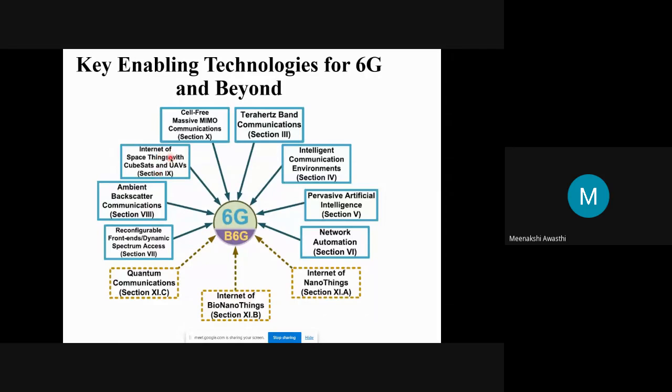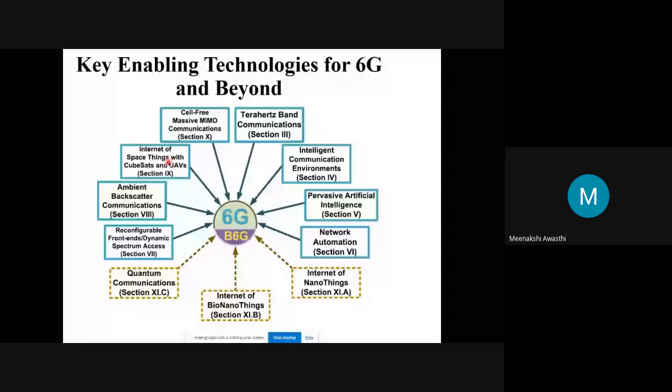Now to think about beyond terrestrial communication, or to connect terrestrial as well as satellite communication, we use the Internet of Space Things. This is also a very emerging area if you have interest in satellite communication and wireless communication. It will be a key point which connects terrestrial communication and satellite communication.